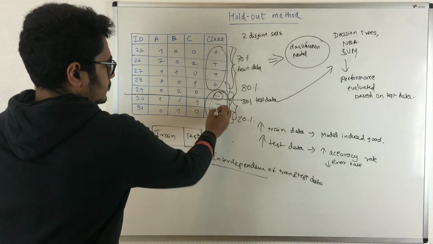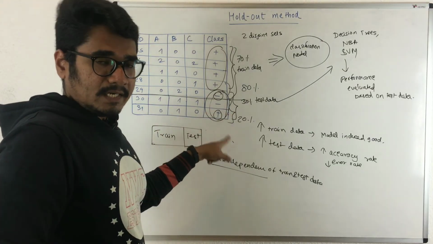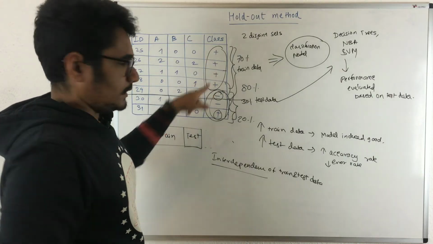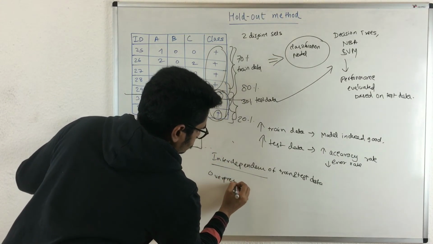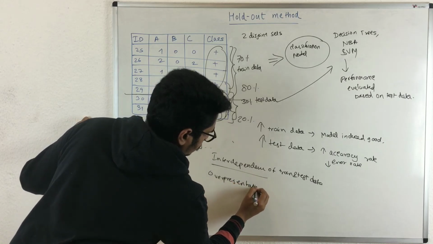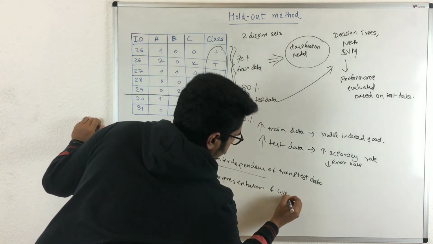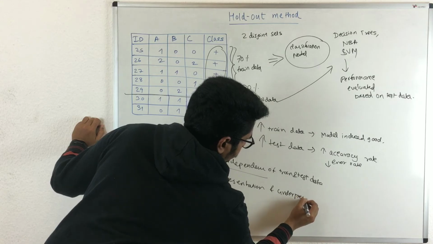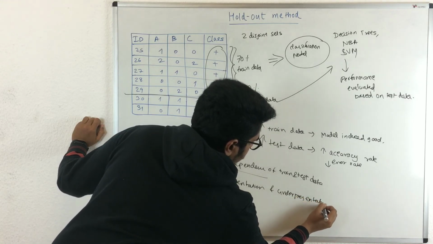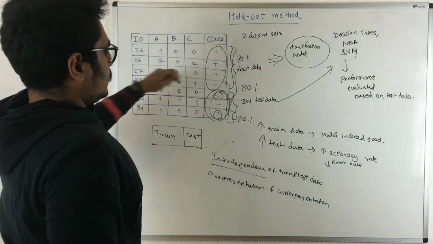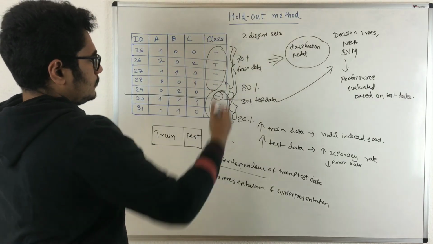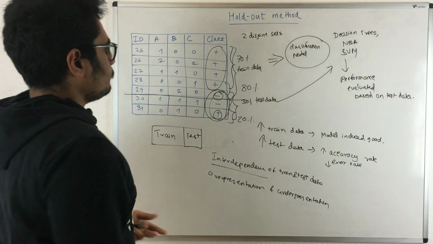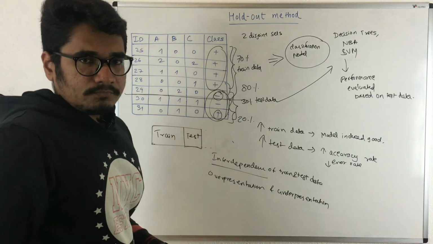So here the positive class is underrepresented, but there it is overrepresented. So this overrepresentation and underrepresentation of the instances happens. Since you distributed it in an uneven fashion, you have this kind of difficulty.